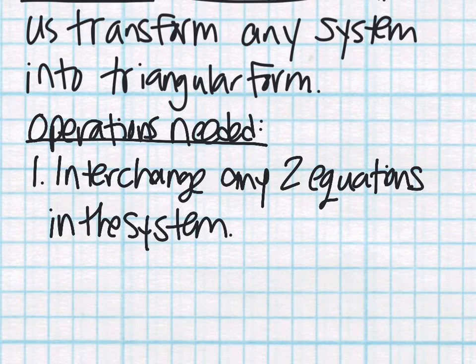That's helpful because if you remember the triangular form, it's in a very specific order, 3, 2, 1. So if I have it out of order, then I can flip it around.